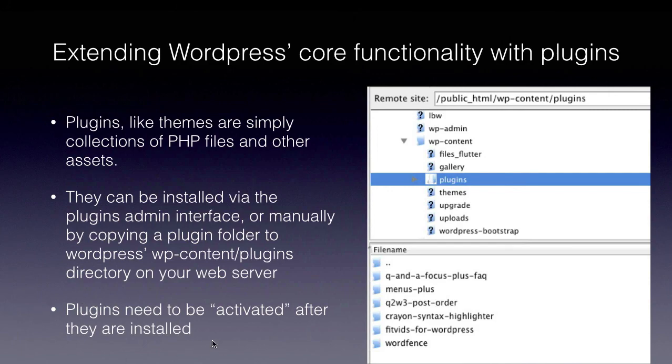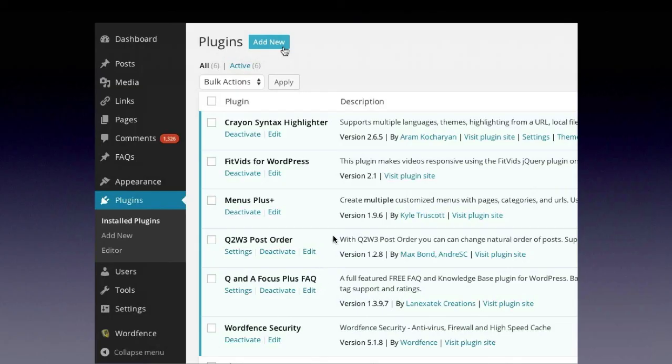Plugins need to be activated after they're installed. You can install a plugin, but then there'll be a section of your interface, of which this is a screenshot, for the plugins, and you'll notice that these have a deactivate button. In this case, these are all activated. But you can have a plugin installed but not activated. So the files will be there, but it doesn't actually do anything. There's reasons you may want to have that.